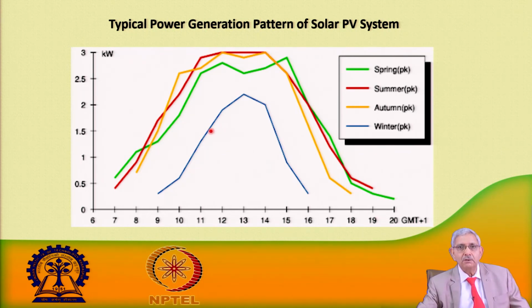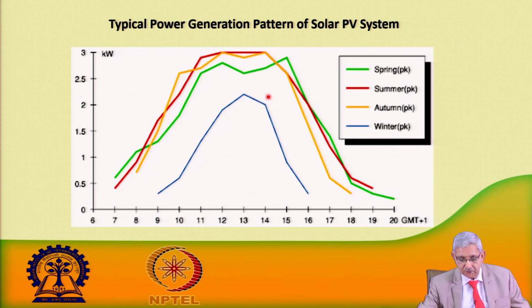This is a typical example of how the solar insolation during daytime varies in different seasons. You can see here this is the total sunshine hour, we are putting it from 6:30, and in some places it goes till 7:30 or so in the evening, but you can see the maximum power available is between 12 o'clock and 1 o'clock.